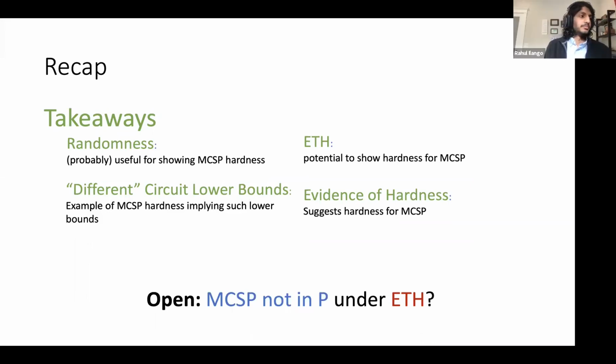Yeah, so that's a good question. As far as we know, we have cryptographic hardness for basically any reasonable approximation of MCSP. Okay, I'll say it like this. Basically, any approximation that might be interesting for MCSP is cryptographically hard for general circuits.